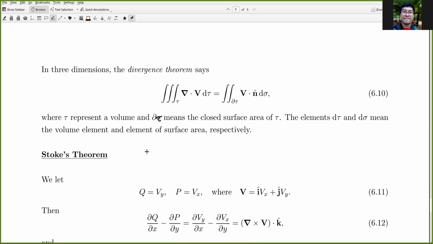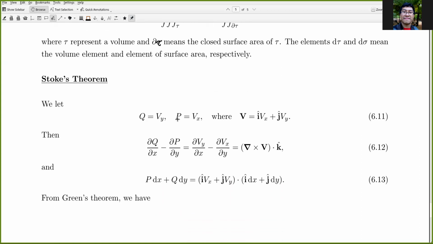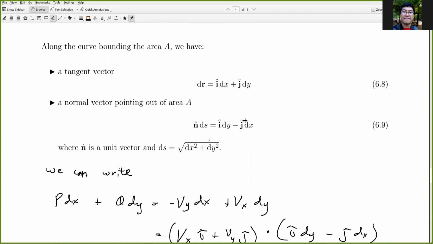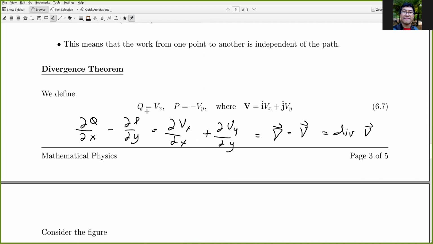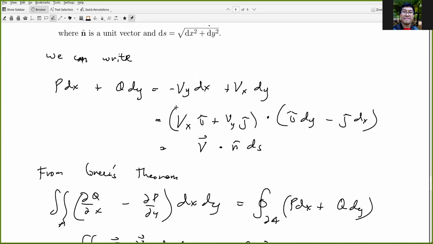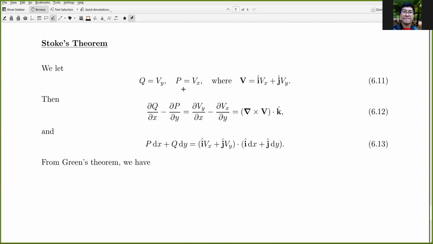Now another case: if we set Q as Vy and P as Vx, we still have this vector V. By the way, this is just a specific case. We choose other specific values here, Vy and Vx. So partial Q with respect to x minus partial P with respect to y is the z component of the curl of V, the k hat component.